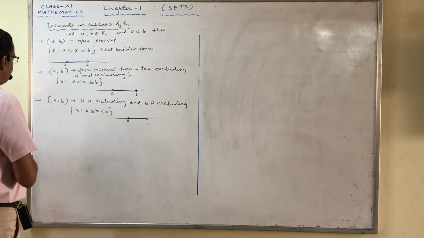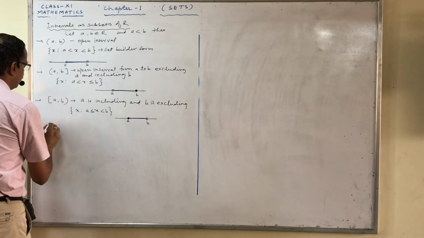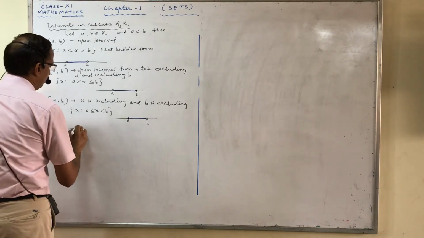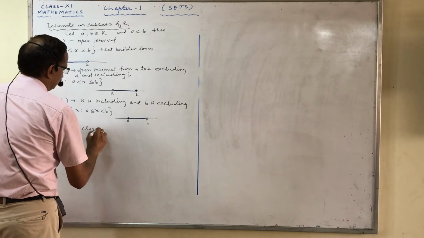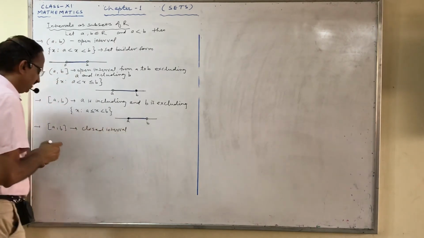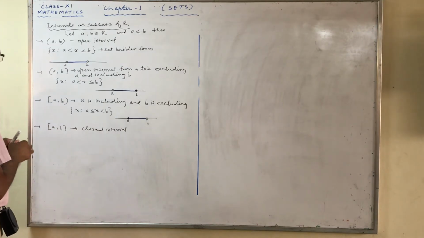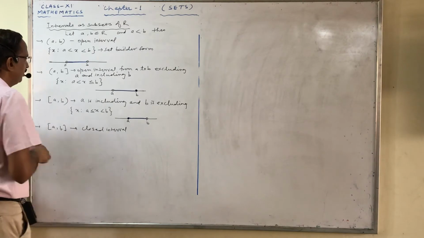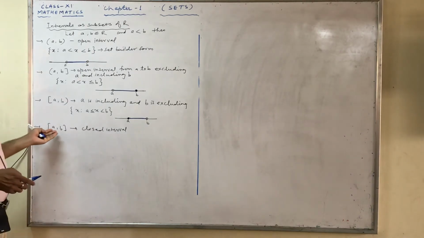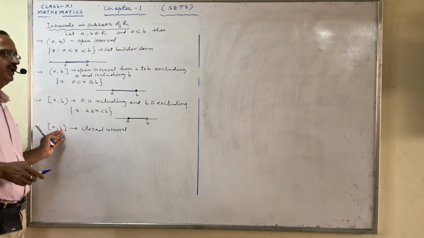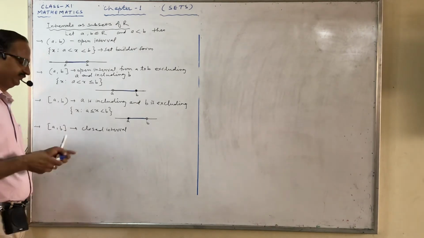Now next is, this is called closed interval. In this interval, since it is closed from both the ends, so both the numbers are included. So it is also the interval from A to B, but the condition is that both A and B are included.